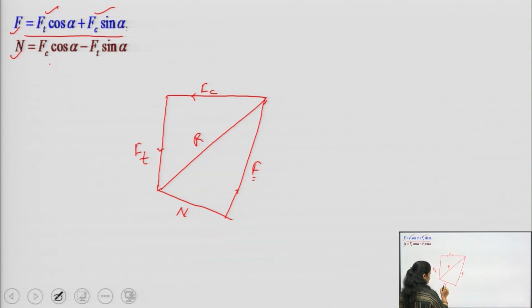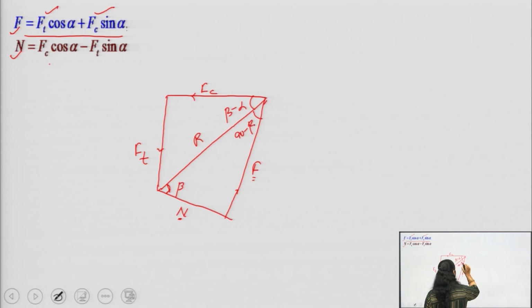This is the friction force, this one is the normal to the friction force, and this angle will become beta here. This one will become beta minus alpha, and if this is 90, this will become 90 minus beta.